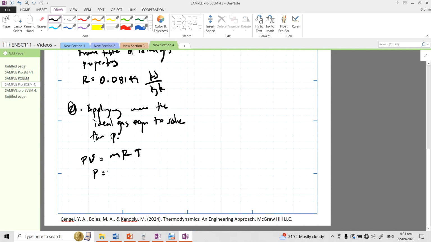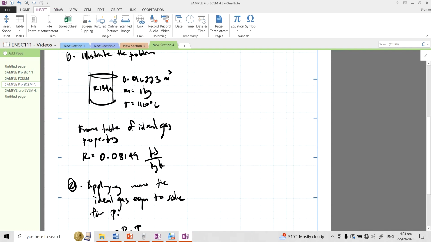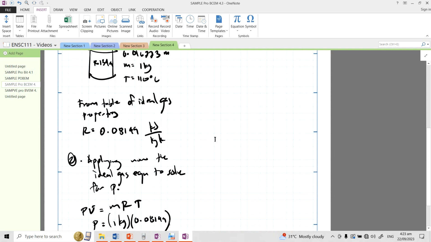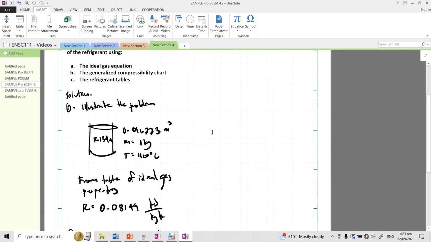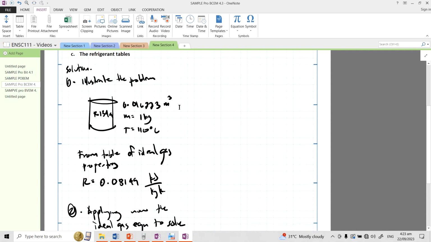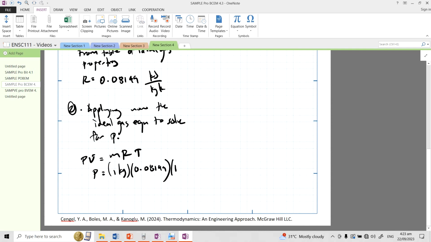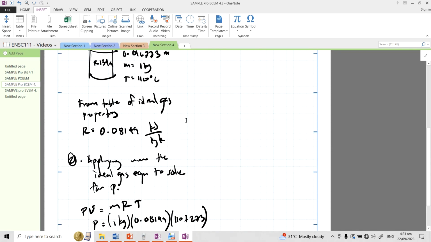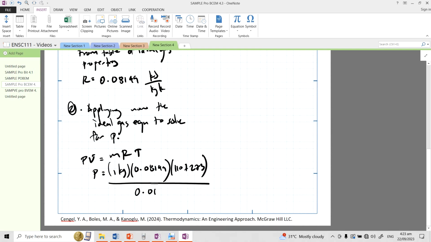So P is equal to the mass, which is 1 kilogram, times the R value, 0.08149, and then the value of T, which should be in Kelvin, so 110 plus 273, and divided by the volume, 0.016773 cubic meters.